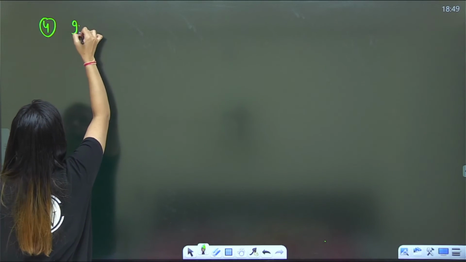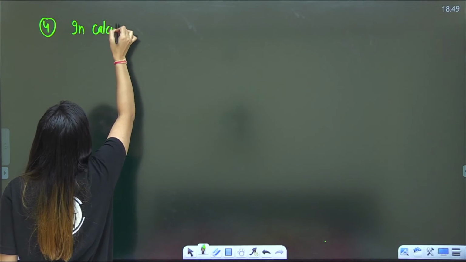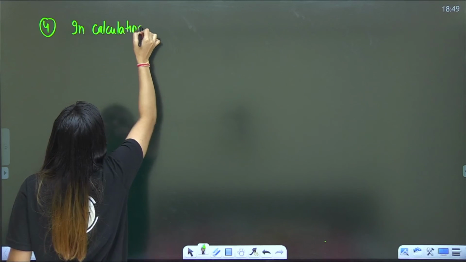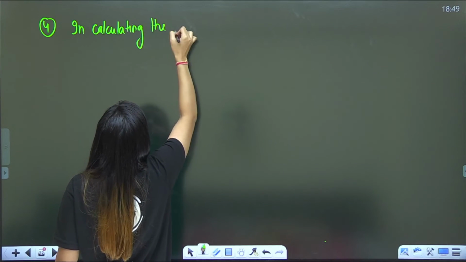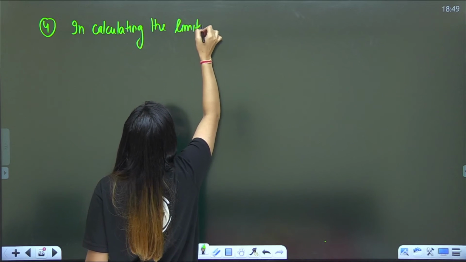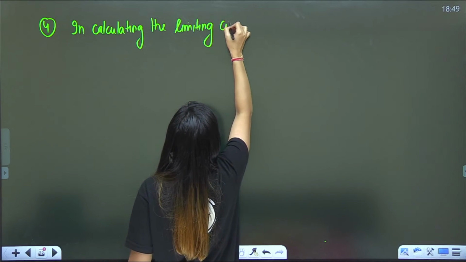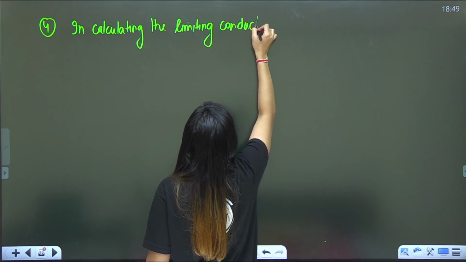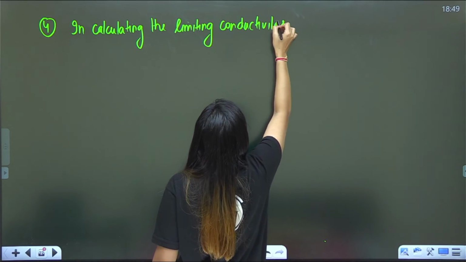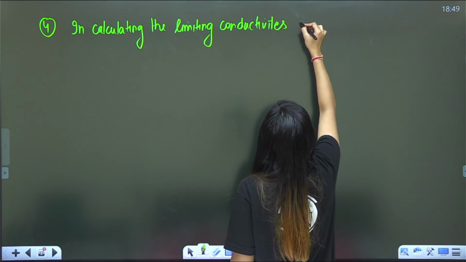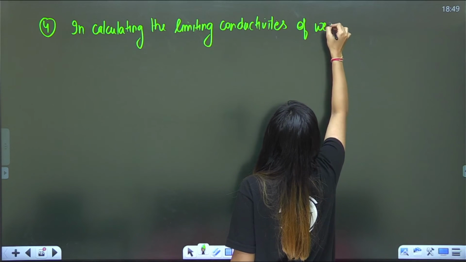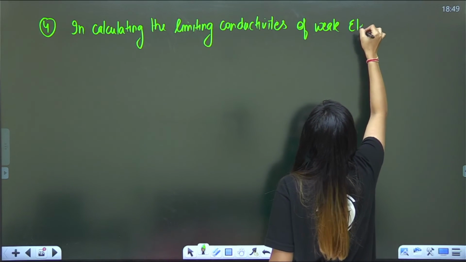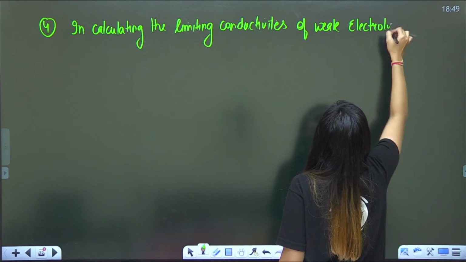So this was the most important application in calculating the limiting molar conductivities. Can I say limiting conductivities? Because you can calculate molar as well as equivalent. So, limiting conductivities of weak electrolytes. Now, let's understand how.